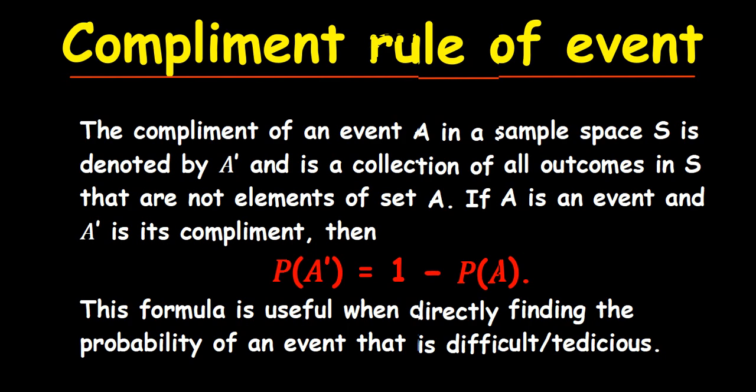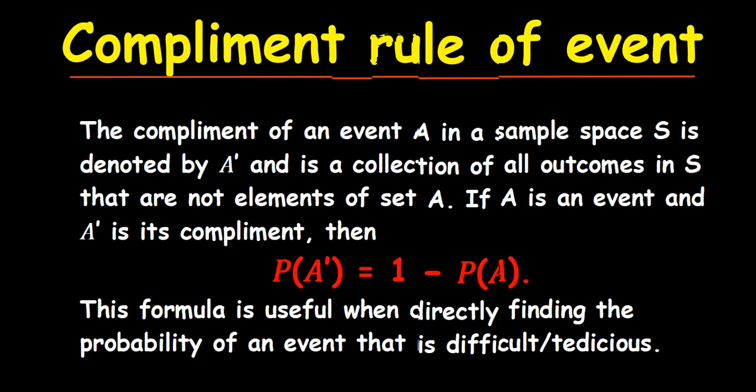Okay, so the complement just simply means, if you are describing the complement of a set, then you are looking for those elements that are not in the stated set.